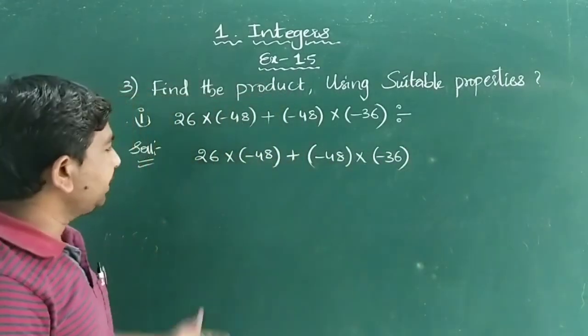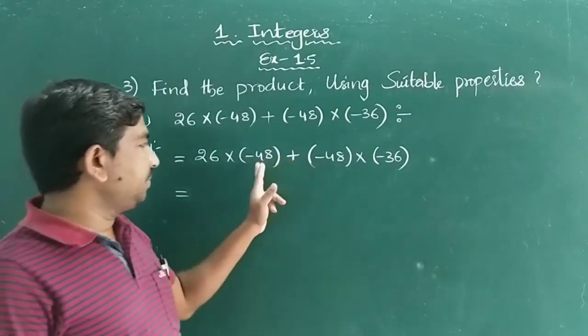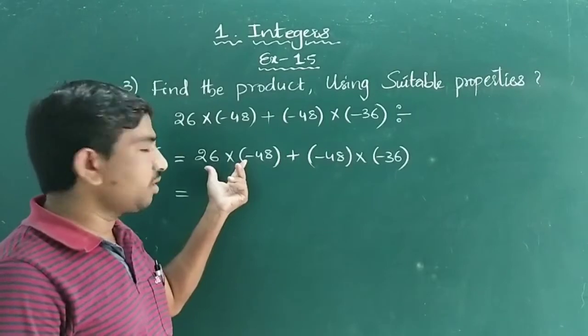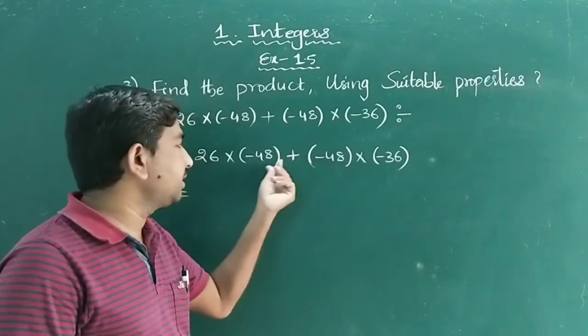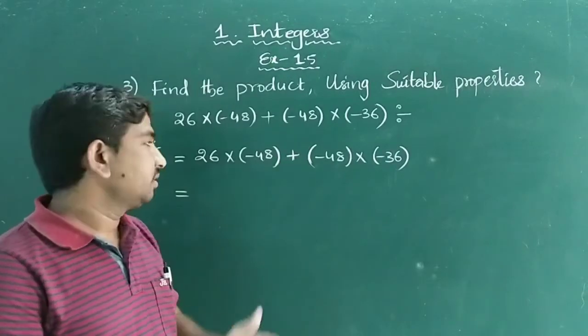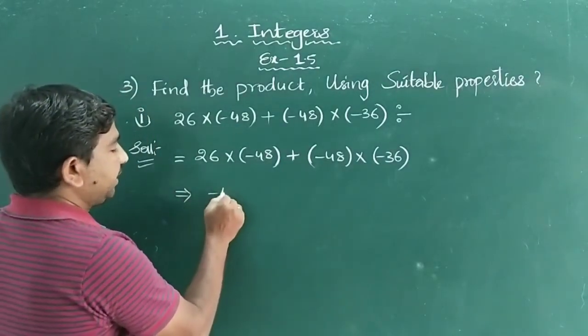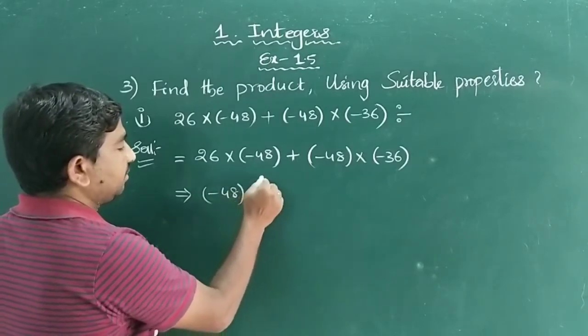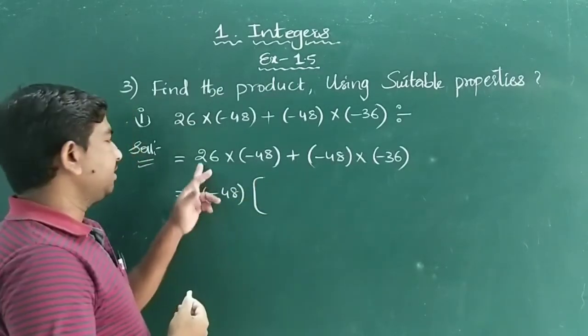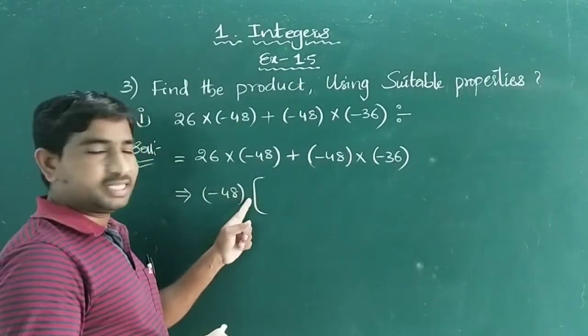If you observe this, minus 48 is repeated here, in this product and in this product also. So now take this minus 48 as a common number. Then what do I write here? 26 into minus 48, that's why the multiplication relation is there.